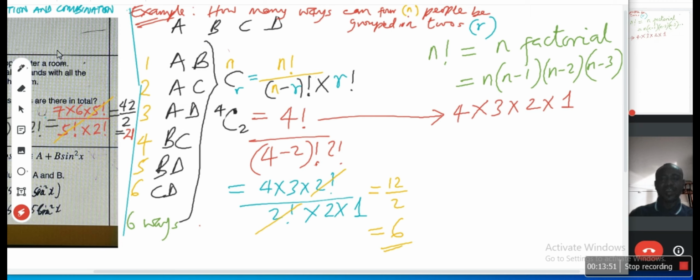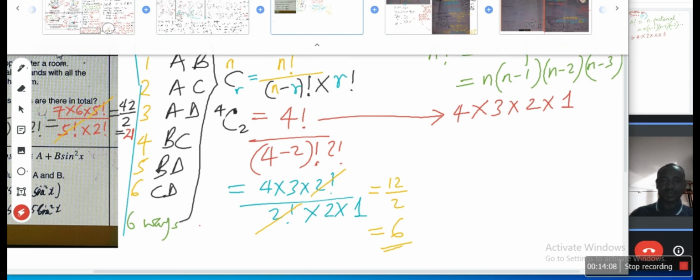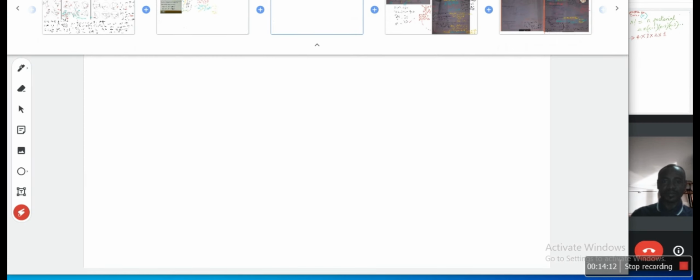No way, of course. We are trying to group 4 people in 2, so there must be 2 different people. Let me add another frame to explain what I mean.